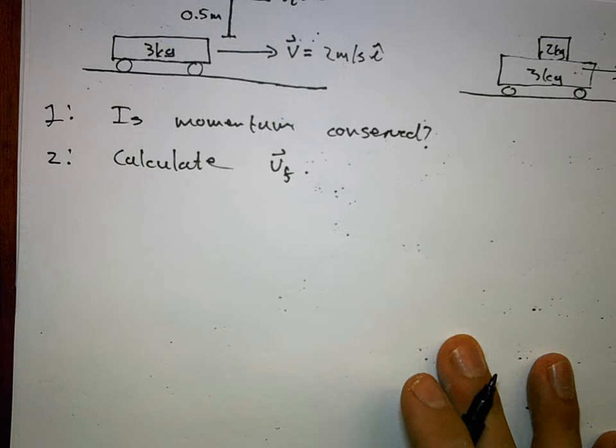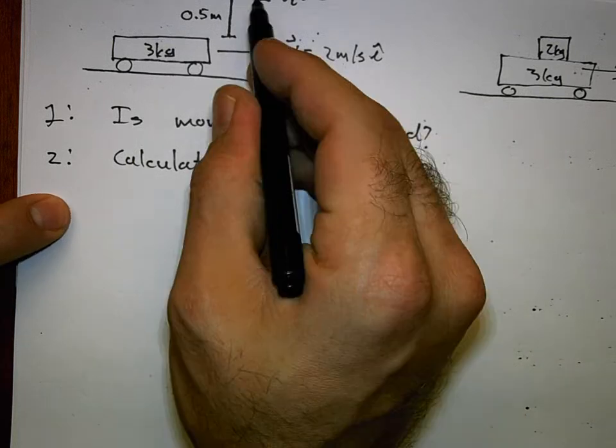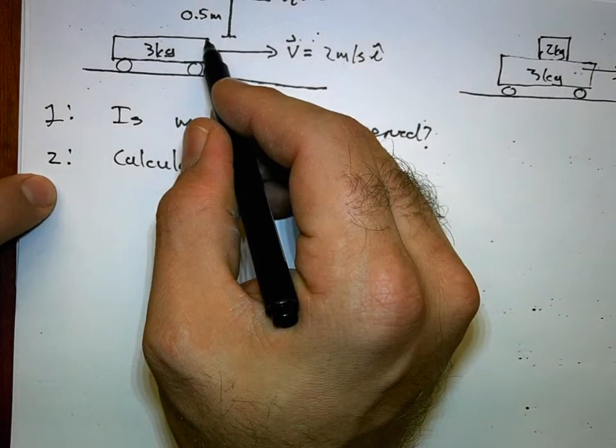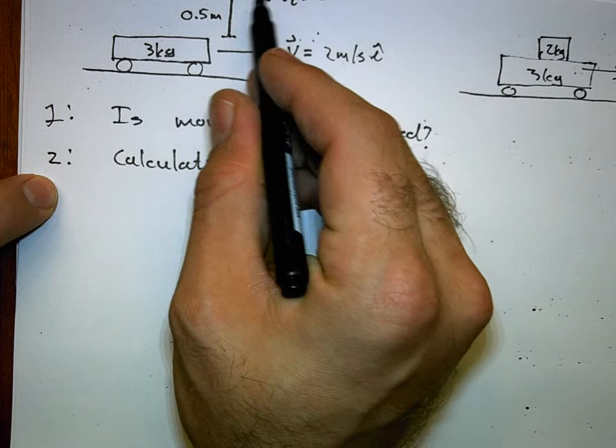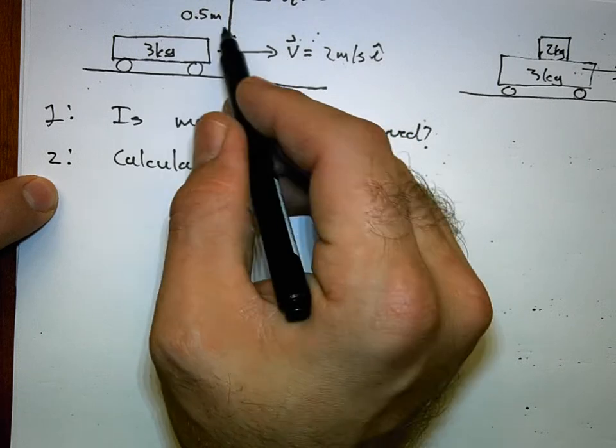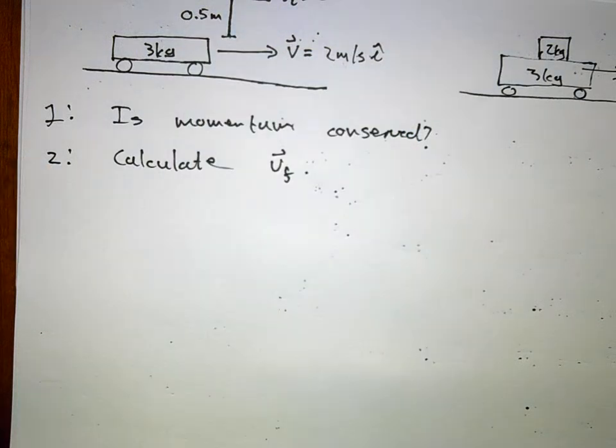Right, let's look at the instant right before this mass hits the trolley. So this mass, after it has fallen 0.5 meters, so right before it hits the trolley.